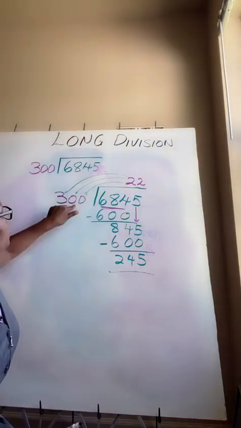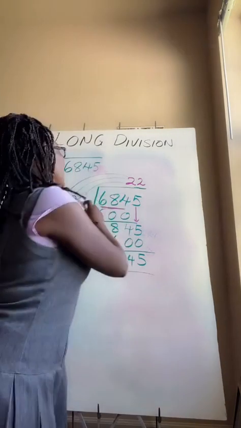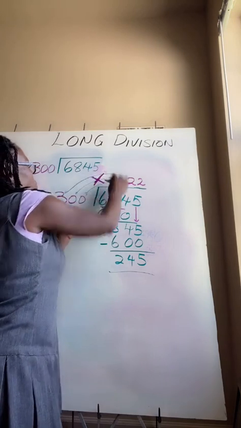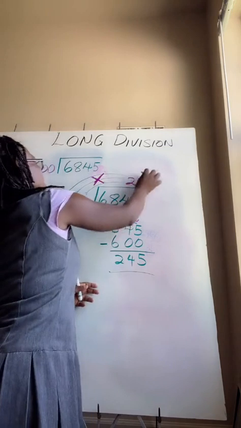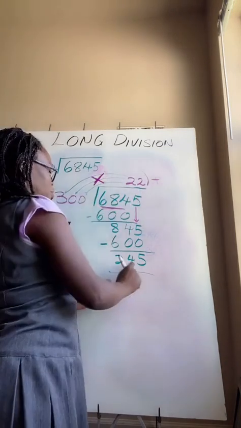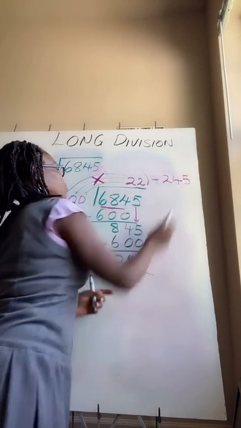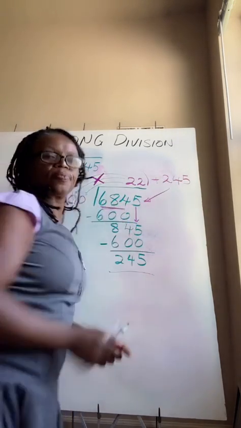Yes, multiply 300 by 22. To check our answer, we multiply 300 times 22, and then we add 245, the remainder. We should get this number.